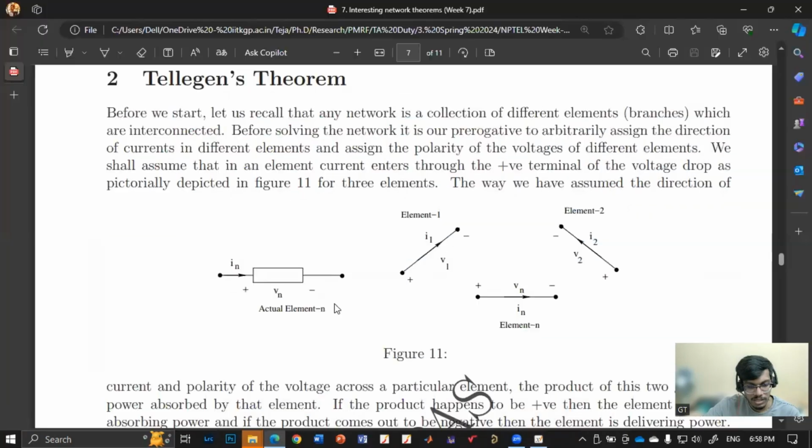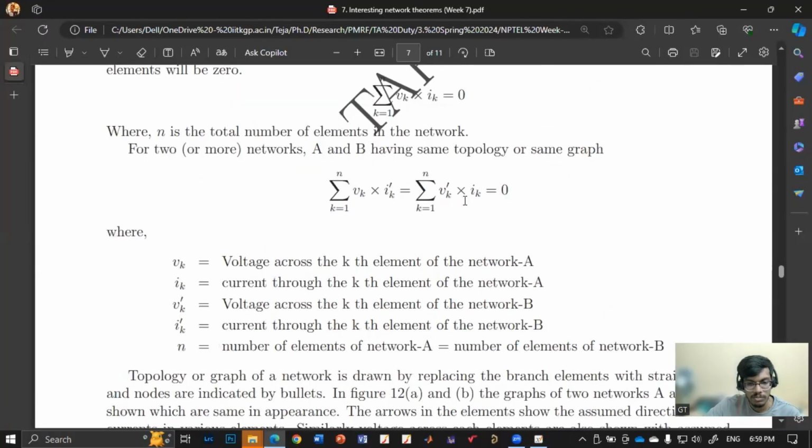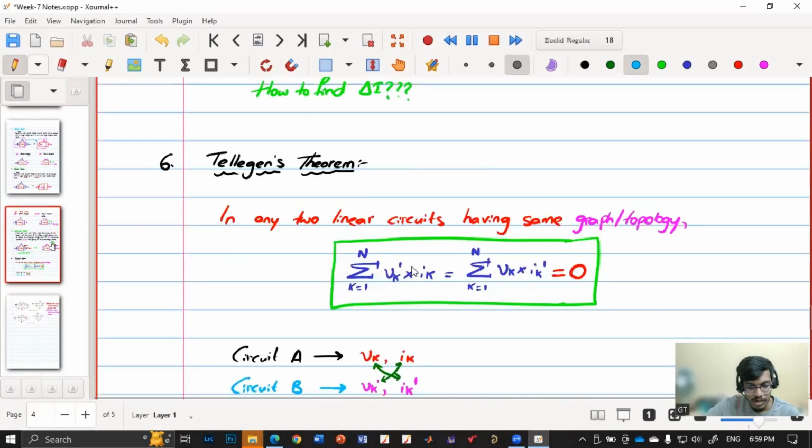Now in such scenarios, Tellegen's theorem says sigma Vk Ik dash equals sigma Vk dash Ik equals 0. So the voltage of branch 1 in circuit A multiplied by the current through the same branch in circuit B, and the summation of all such terms will be equal to 0.